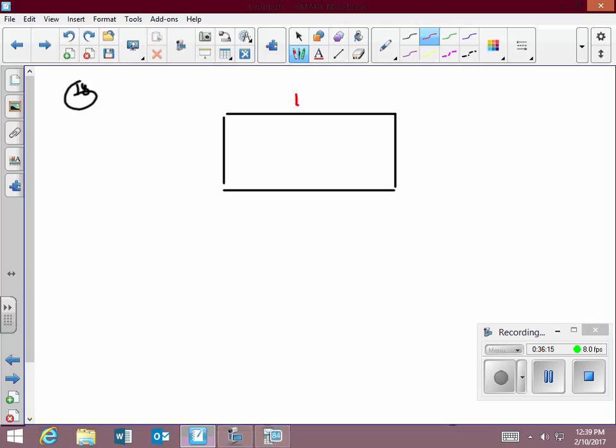So this is the length, this is the width, but it's the length minus 18, right? And then the area is the length times the width, where the area is 1440.